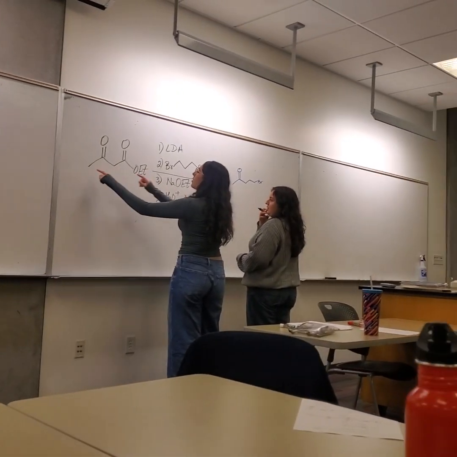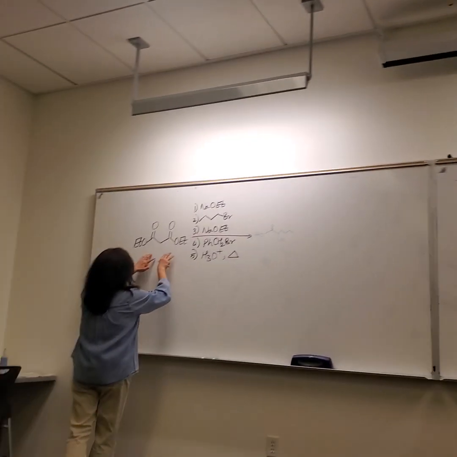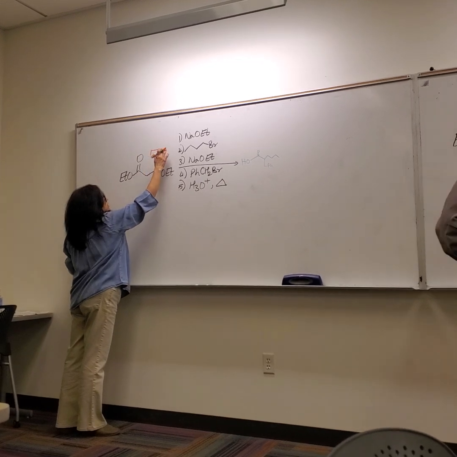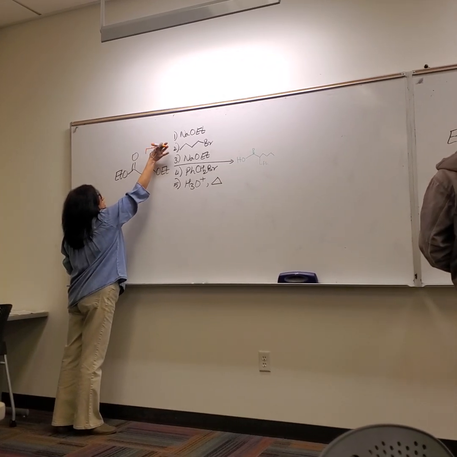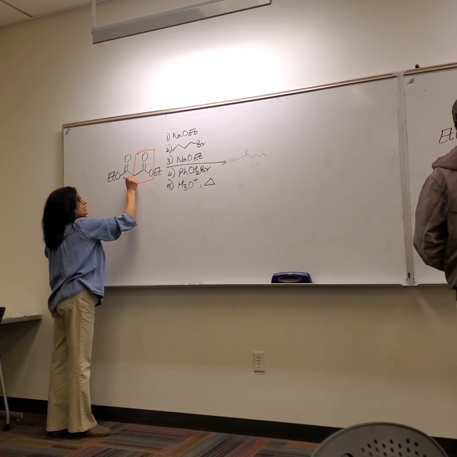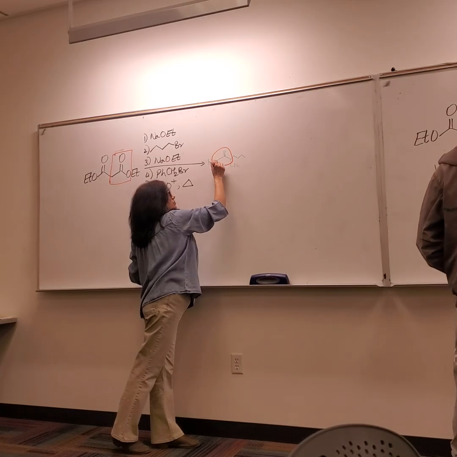What I like to do when I do these ones is I circle the part. Since this is the reagent I'm using, that's the portion I will keep, right? This is the same.